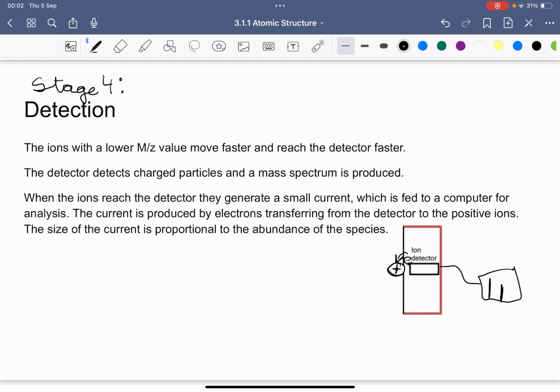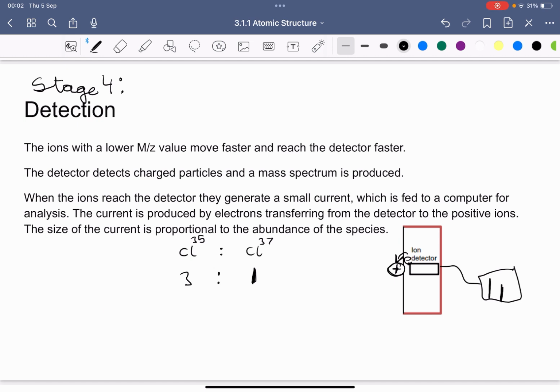So the way the abundance is measured is, let's say with chlorine, for example, the chlorine 35 will produce a current 3 times bigger than chlorine 37. Okay.